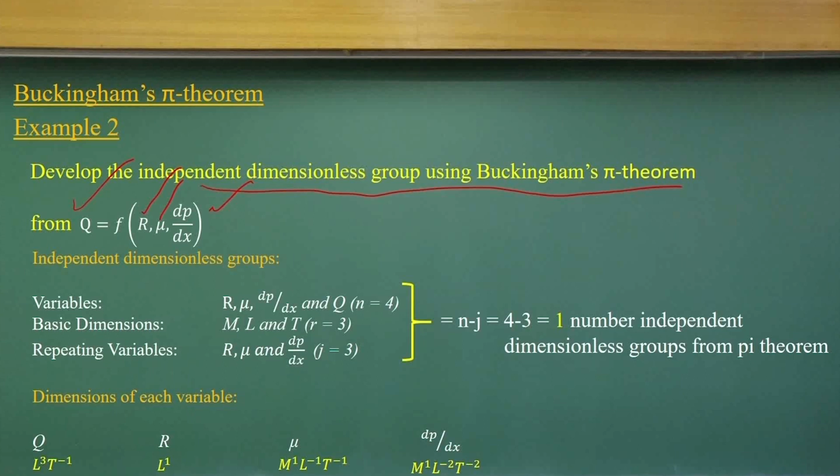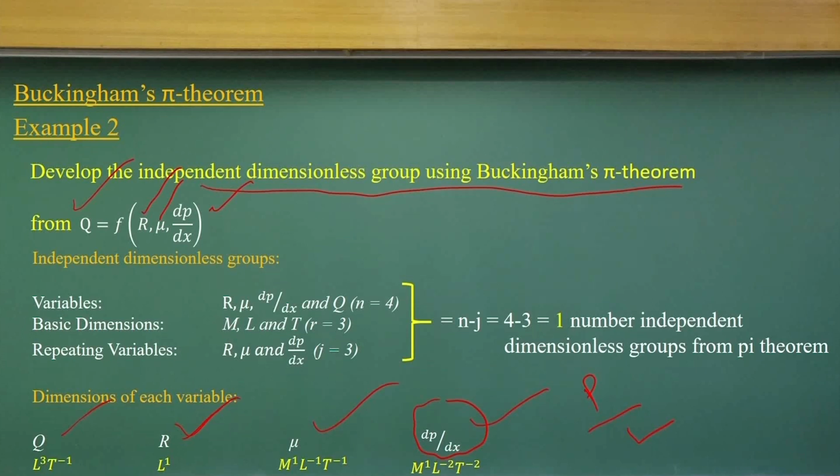We have n equals 4, and we know the three dimensions: mass, length and time. As soon as you write the dimensions of discharge, R, mu and dP by dx, remember dP by dx means the pressure dimension divided by the length dimension. You will get the dP by dx dimension.